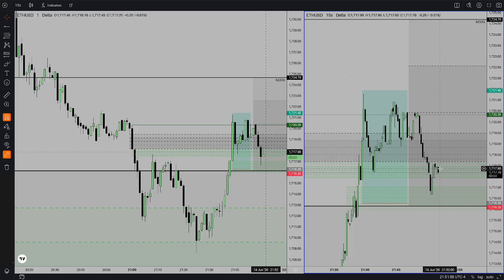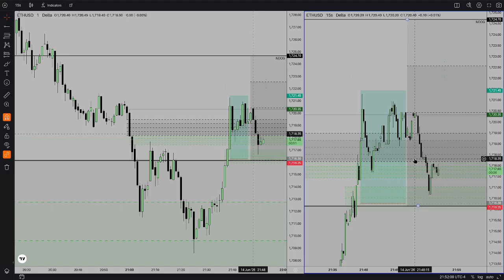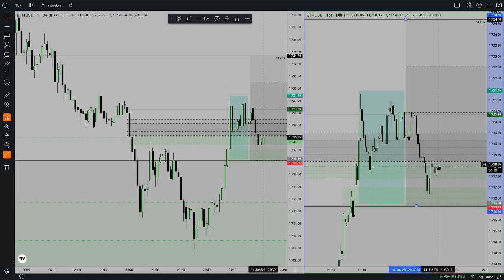Actually, it's not a good signature there. You can see there's an event horizon there, and see how it reacts from this particular area.